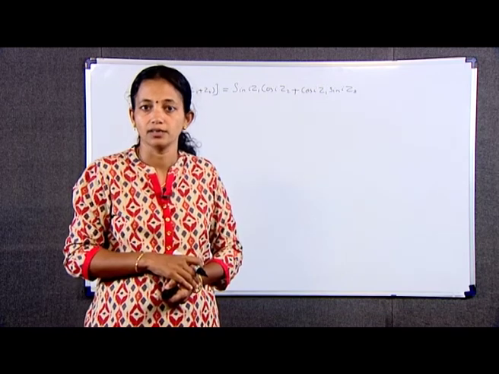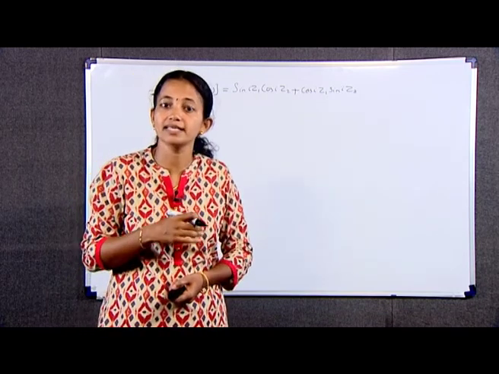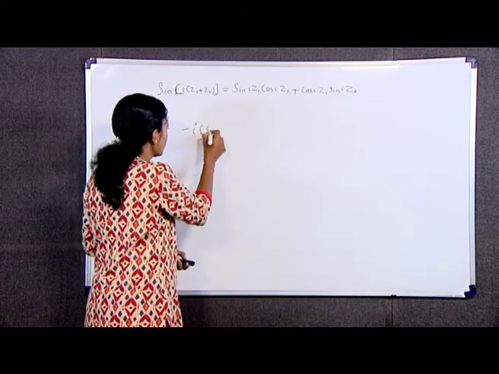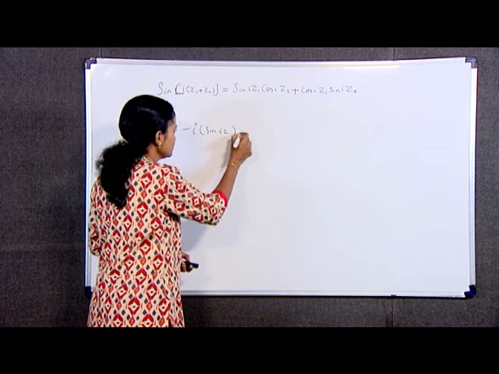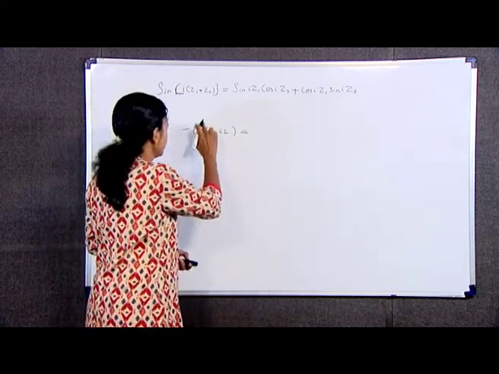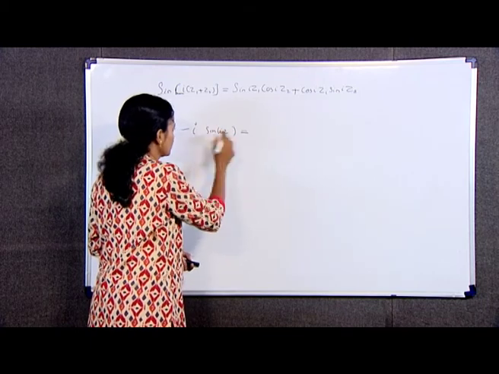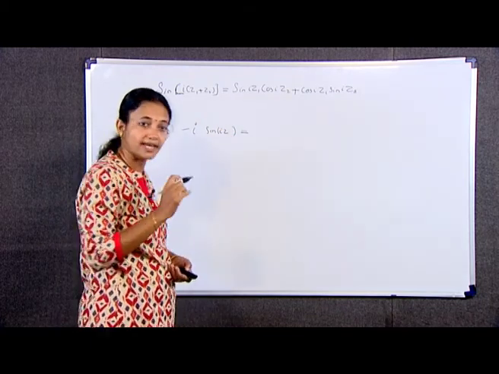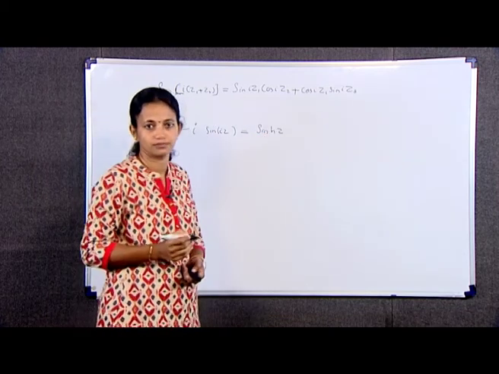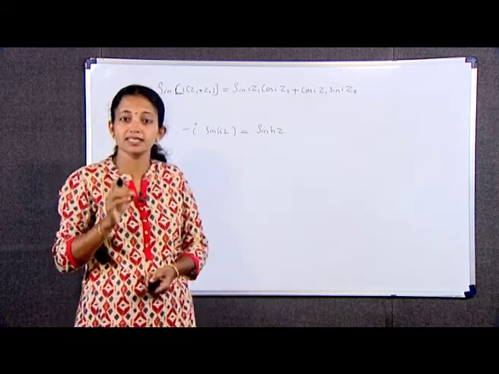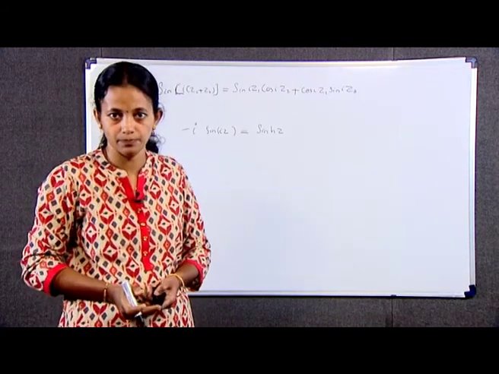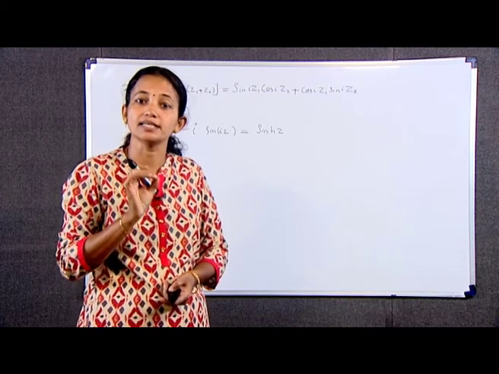According to 3 above, minus i sin iz is equal to sinh z. Hence sinh z whole square is equal to i sin iz whole square, which is equal to the modulus of sin iz whole square.